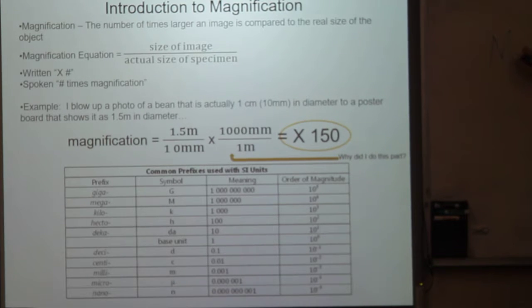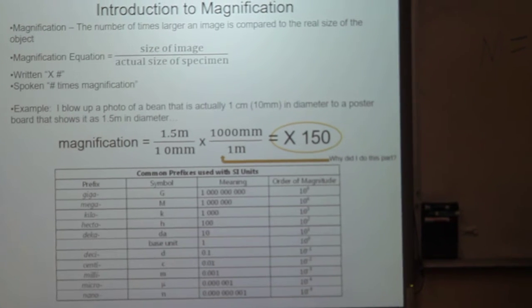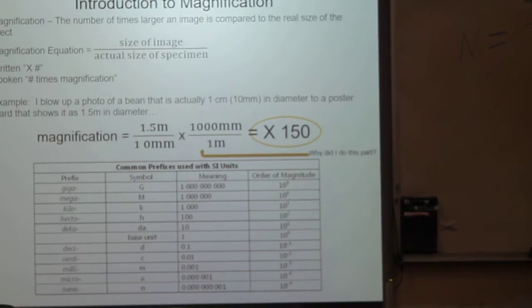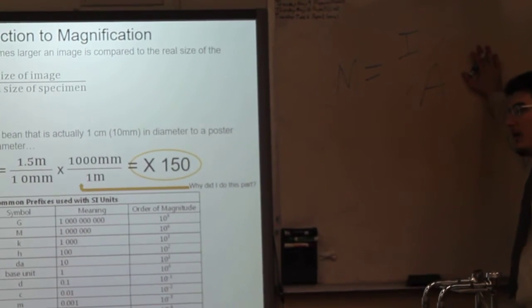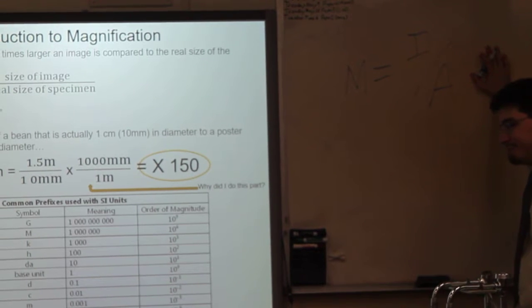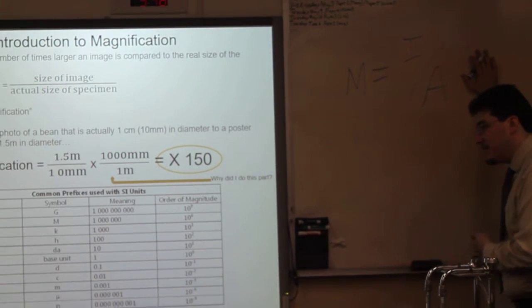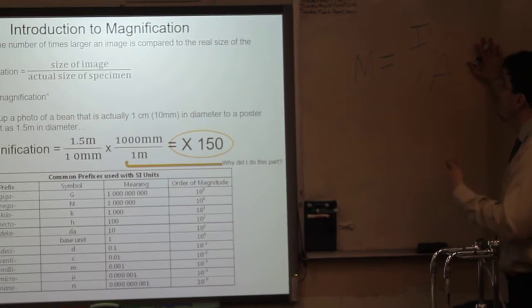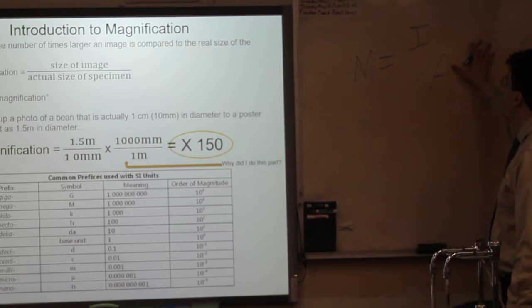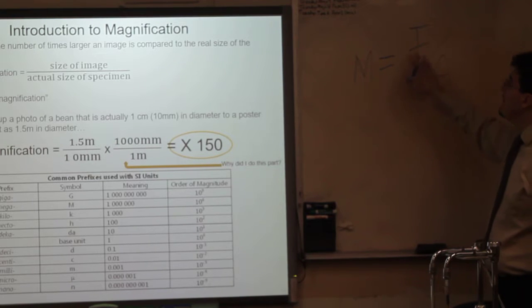M equals I over A. This is your mantra. This is so important. This always shows up on the Cambridge exam. Magnification is equal to image size over actual size.